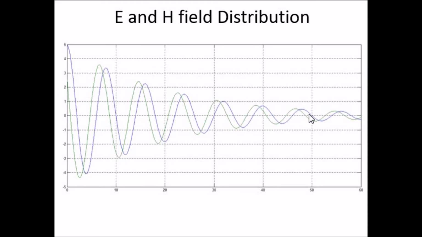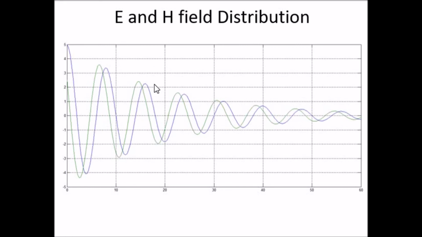Actually, if we see a three-dimensional plot, the electric field will be on the x-axis and the magnetic field will move on the y-axis. Both will be traveling in the z direction, but there is a phase angle coming from the intrinsic impedance, or complex wave impedance, which will be effective here. So there will be a phase delay between electric field and magnetic field.